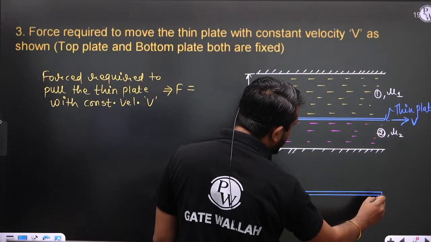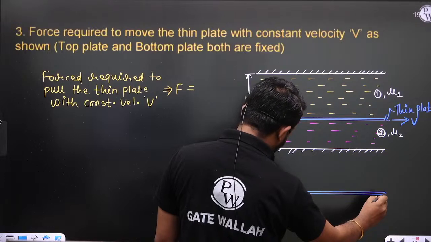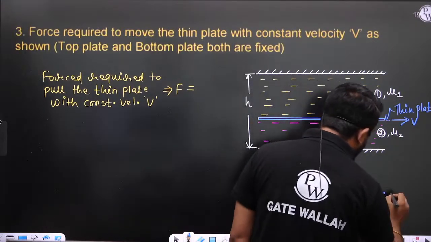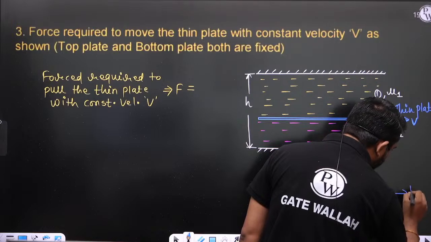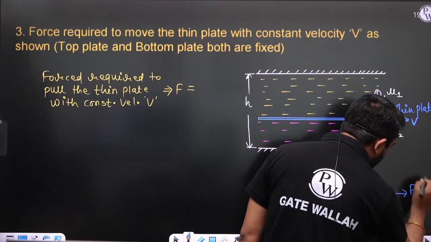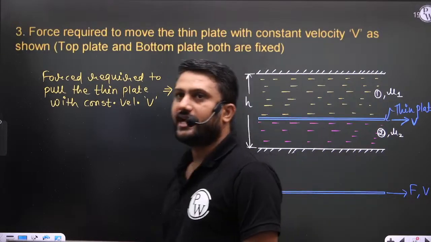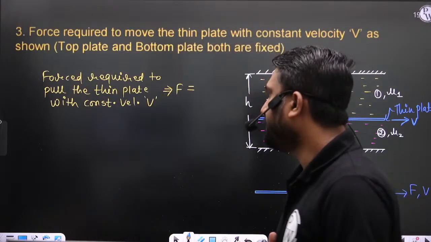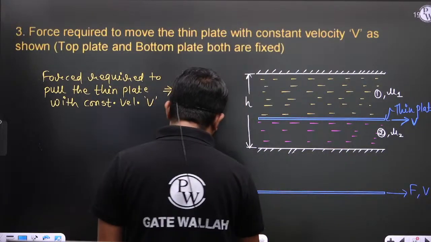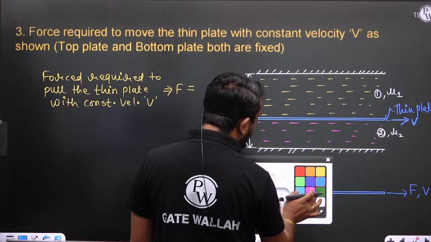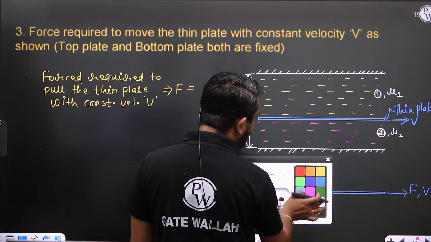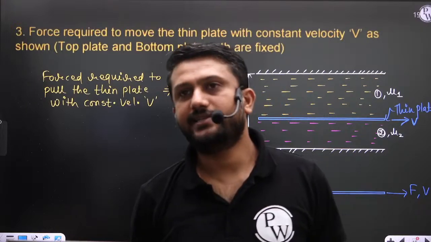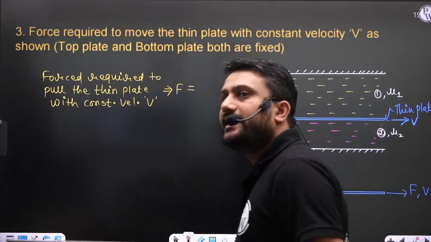So let us consider this thin plate. I'm applying this force F, and because of this force F, the plate is moving with constant velocity v. Now I already told you, if in a problem the velocity profile is not mentioned, then assume linear velocity profile.